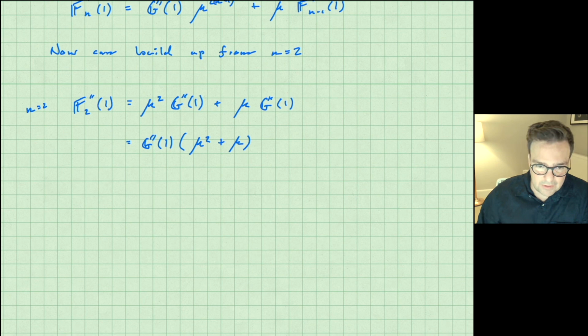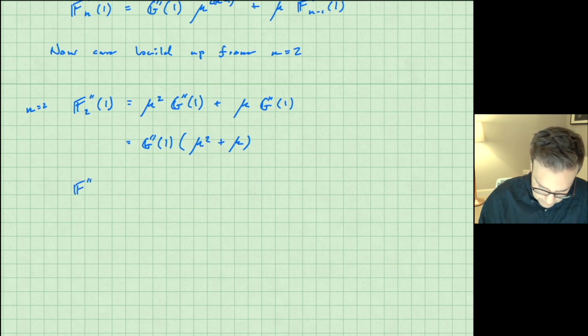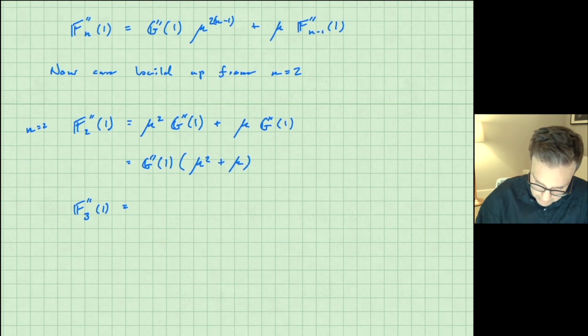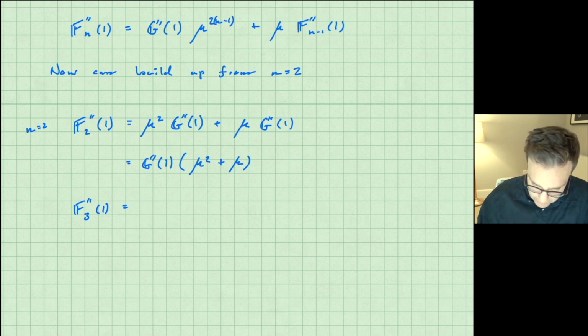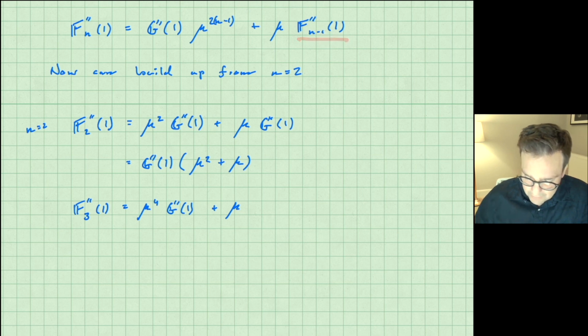Now we'll look at f double prime at n equals 3, and then we'll take this result and substitute into it. So, all right, f double prime of n equals 3, better look back here. I'm going to be reading off this as I fill in the result. So I got mu, 3 minus 1 is 2, so mu to the 4th times g double prime of 1 plus mu, and then here's the previous, so this term is now the previous result.